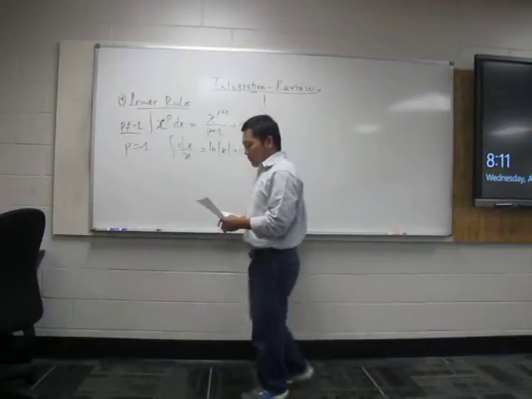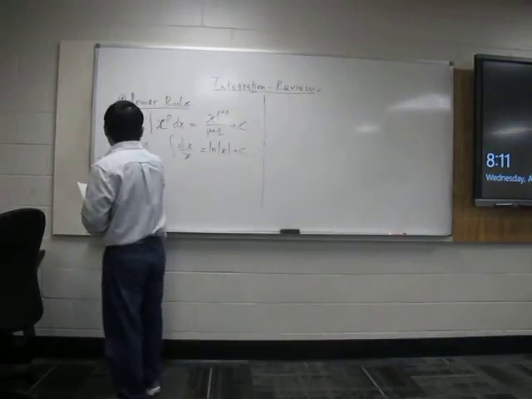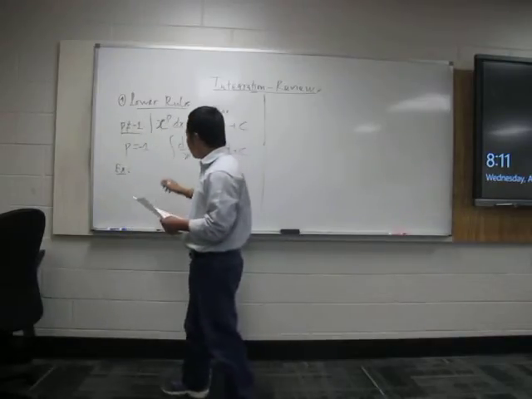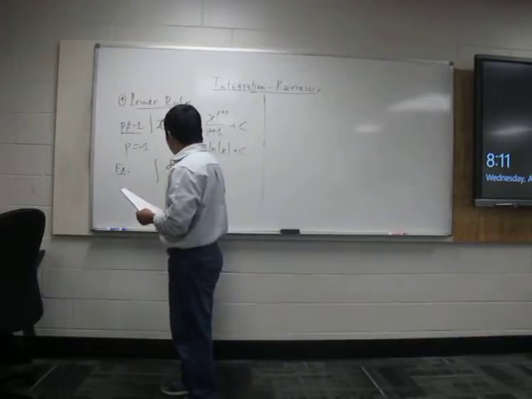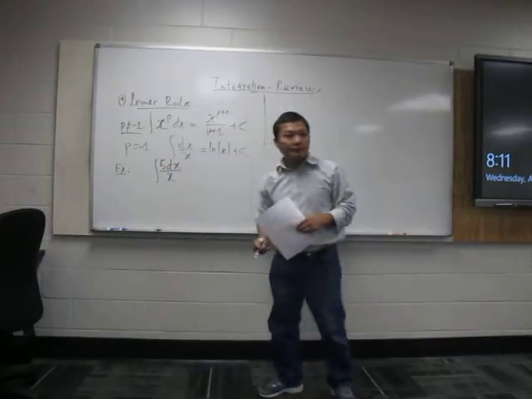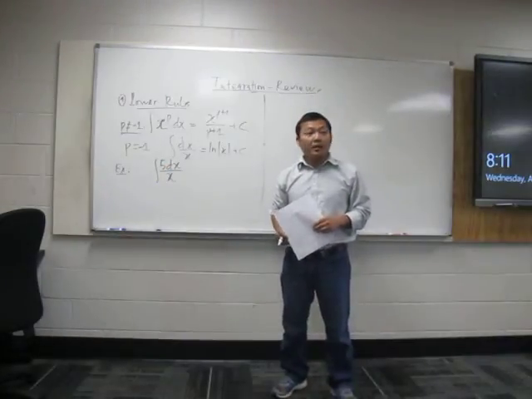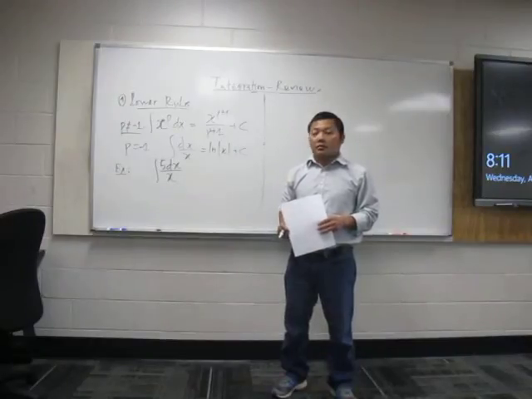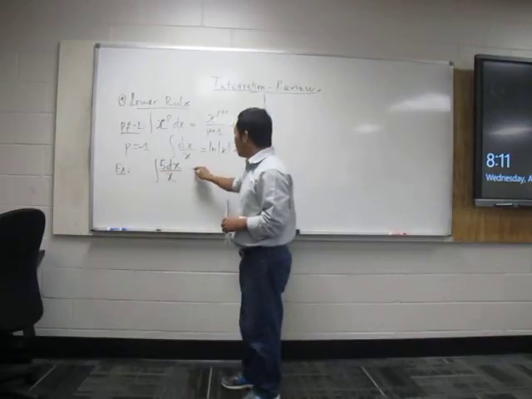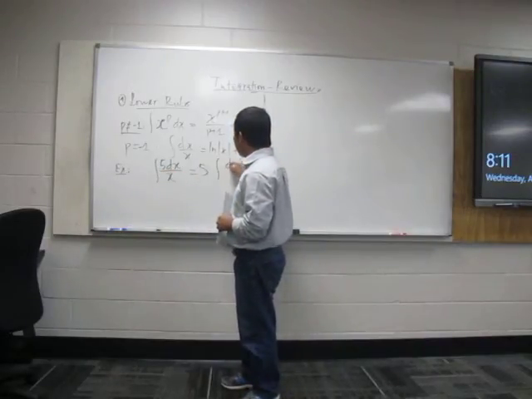So the first problem in this practice test is find the indefinite integral dx 5 over x. Since here 5 is a number, we can bring that out of the integral. You have 5 dx over x.